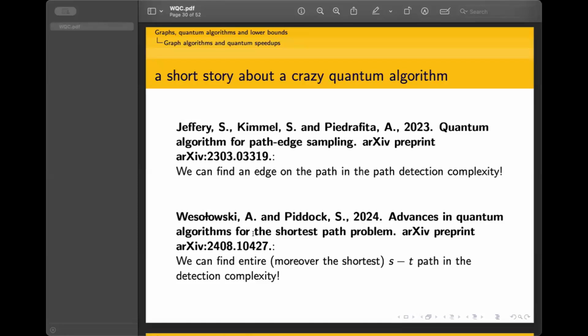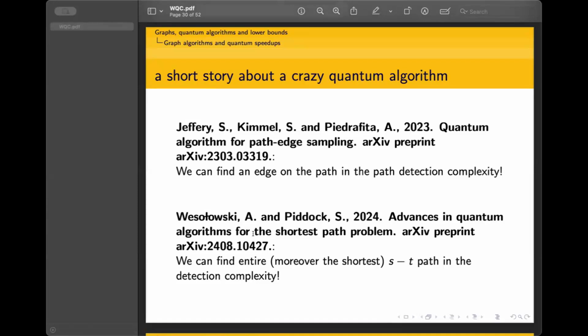If we decide that S and T are connected, then we detected a path between S and T in that graph. So we call it a path detection algorithm. And they showed that they can find an edge on that path that connects S and T, but they cannot do much more in the same complexity.